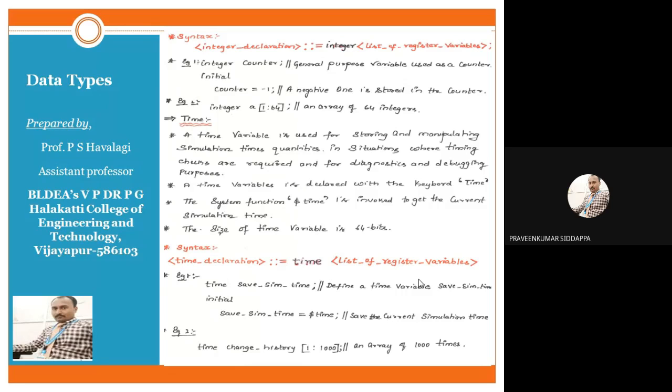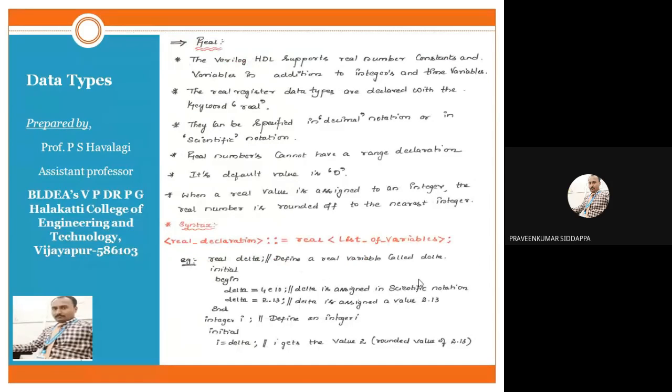Whatever data types we are studying, all these data types we use in your code. Whenever we are writing any code, at that time we will see how it should be written. Next we will move to real. Real is also a data type.